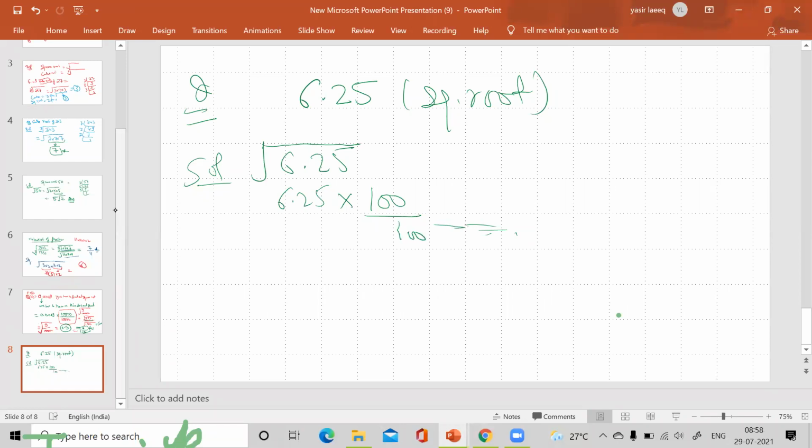Now this will become the square root of 625 upon 100. Put it in brackets, under the root sign.